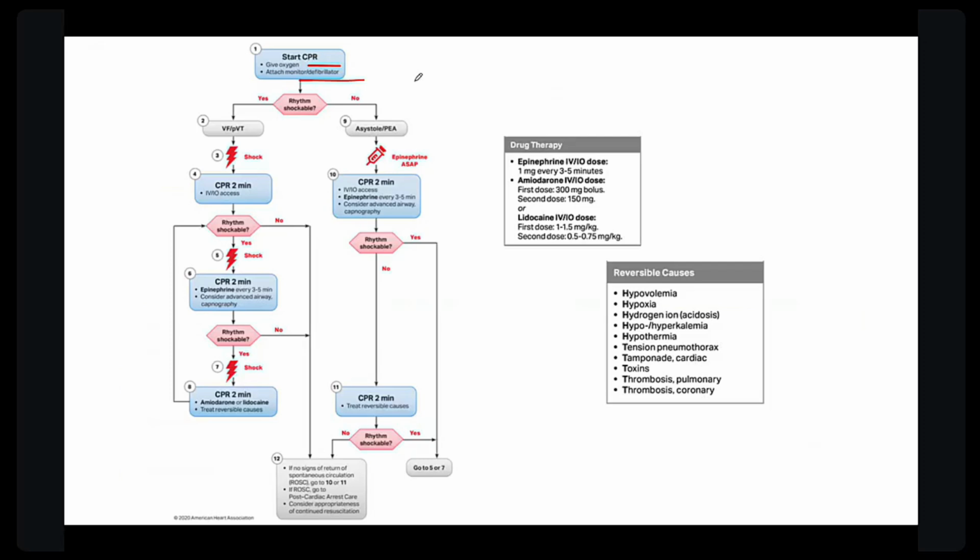So now, depending on the ECG scenario, you can divide into two, whether the shock is indicated or not. Rhythm shockable, yes: ventricular fibrillation and pulseless VT. Okay, VT without pulse. I'm not talking about the VT with pulse.